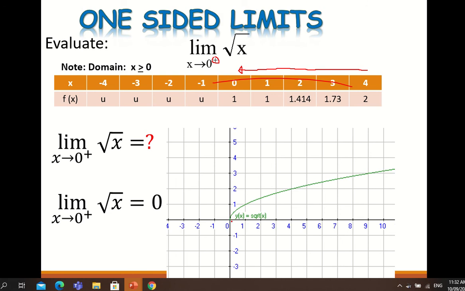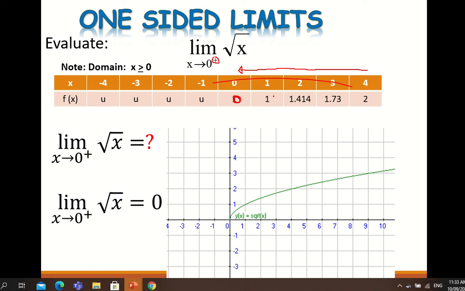Sorry, when x equals 0, this should be 0 here. Okay, when x equals 0, the square root of 0 is 0, so f of x is also 0, so it's here.